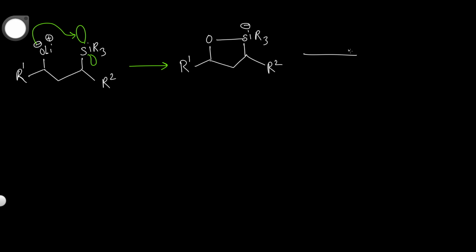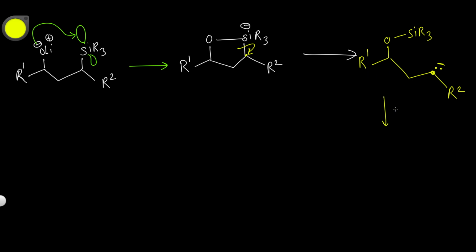So what happened? Because this is a 5-member ring and the silicon has a negative charge, we have to make it stable. And how to make it stable? Basically we have to break the bond. To break the bond, this carbon will get a carbanion as a negative charge. So you have something like this, OSiR3, you will get R2, and here is a negative charge on this carbon, right?